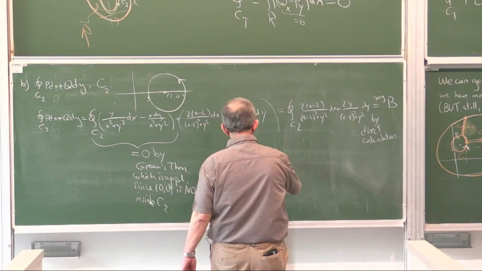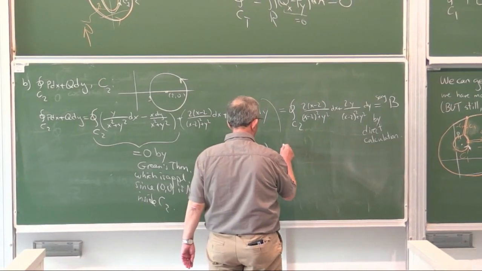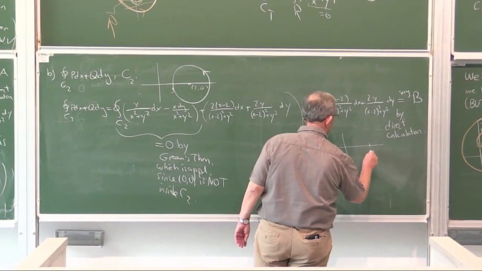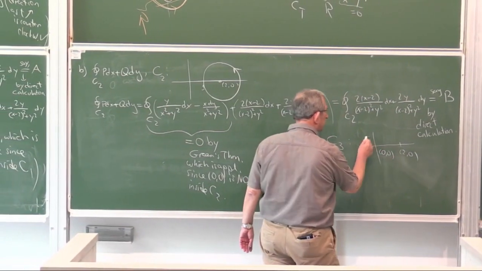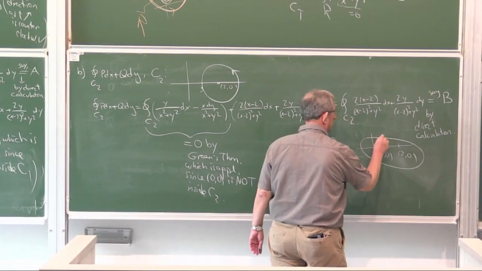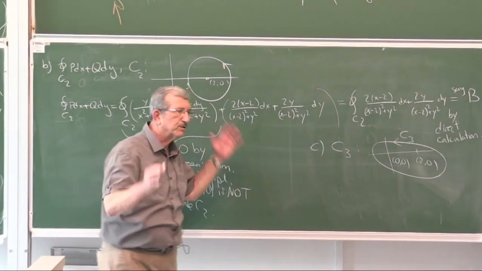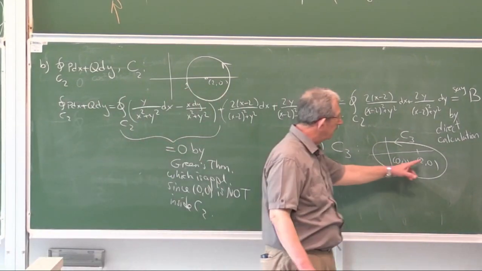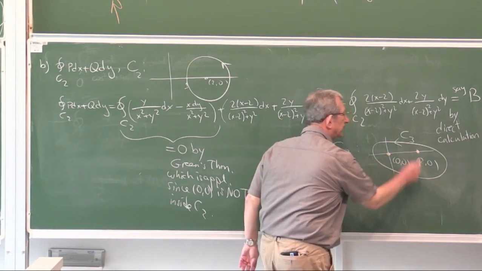On the other hand, as C, if we consider a C3, which is something like this, it's counterclockwise, smooth, everything is nice. But it contains both bad points.